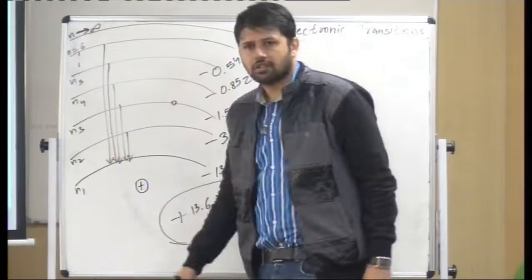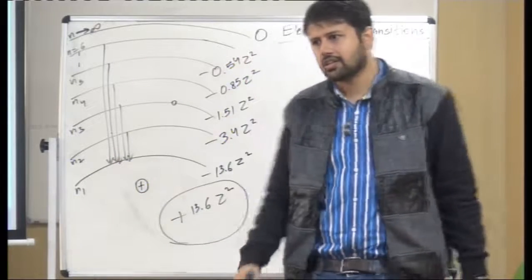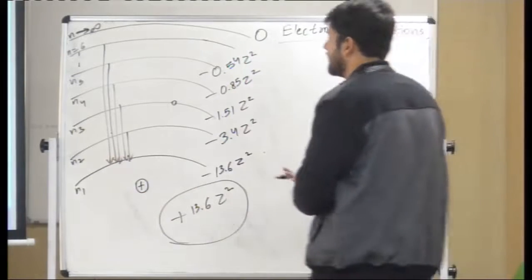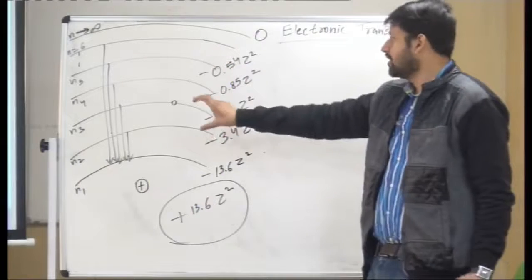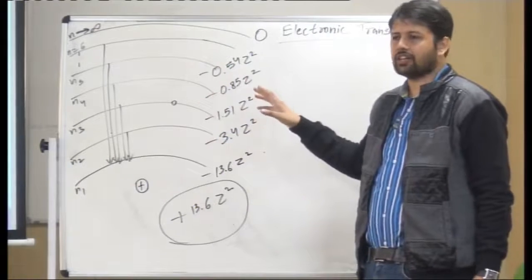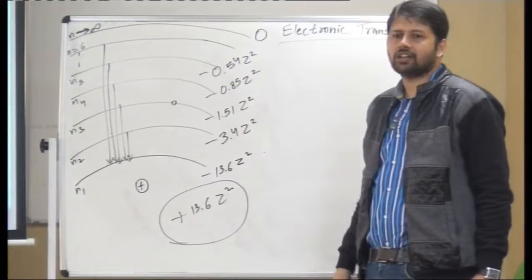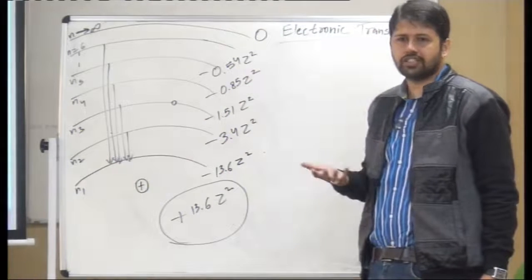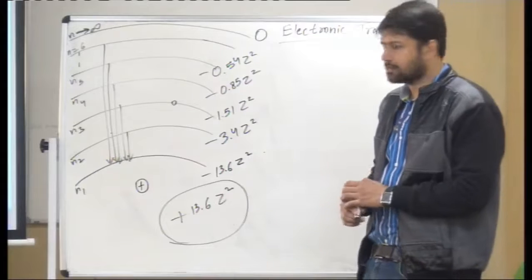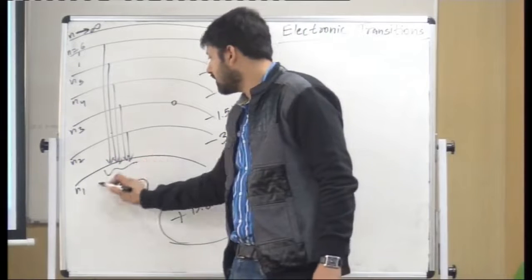These are called the Lyman series lines. Why? Because if this kind of transition happens, the photon which is ejected comes in the UV region. So this is the Lyman series.